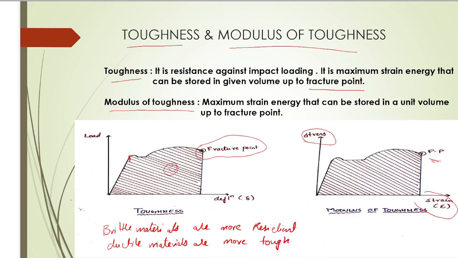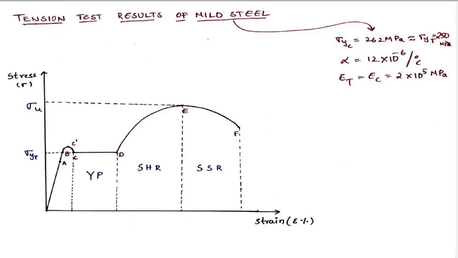Generally, resilience depends on yield stress, whereas toughness depends on fracture stress. So, I have discussed some material properties.